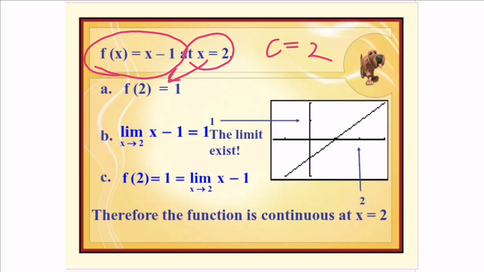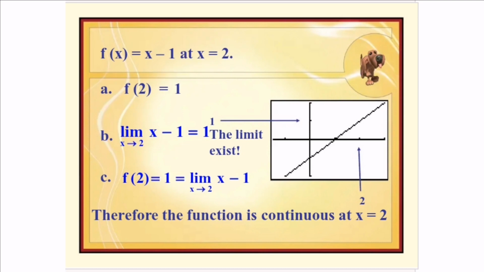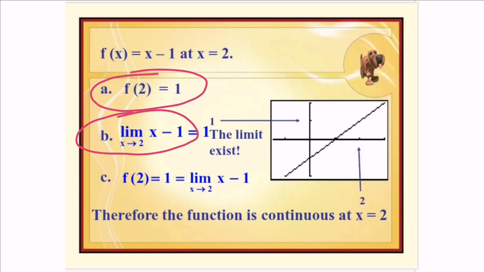Now we want to evaluate the limit at x equal to 2 of the given function. So the limit as x tends to 2 of x minus 1 is equal to 1, because in this case the given function x minus 1 is a polynomial function, so we substitute the value directly. So we see that the defined value is equal to 1 and the limiting value is also equal to 1.